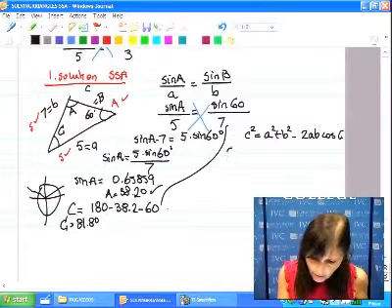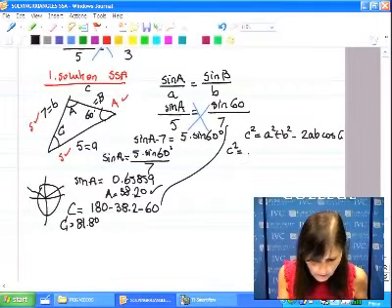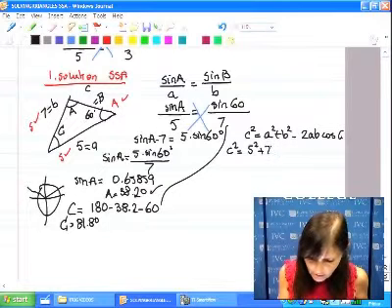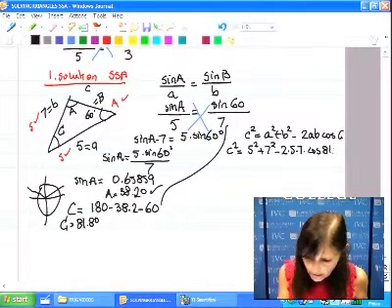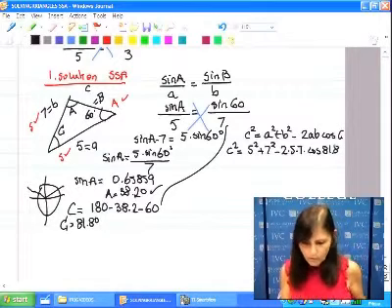So c squared is a squared, which is 5, b squared, which is 7, minus 2 times 5 times 7 times cosine of C, which is 81.8. And I'll take the square root of that.